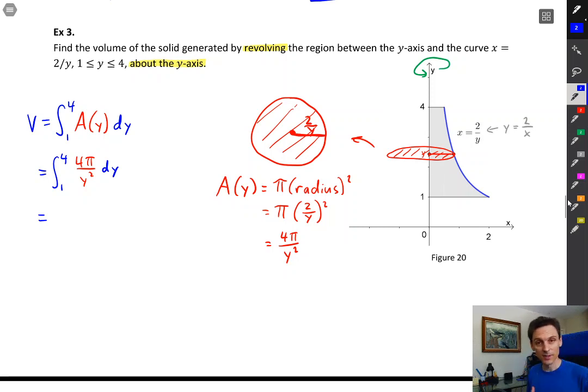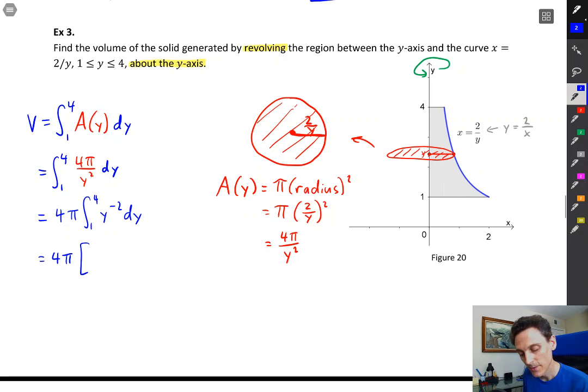And then I better find the antiderivative here. Remember, this is one of the things I wanted to bring up. Remember that if you have a y squared on the bottom, when you're finding the integrals, you can rewrite that as y to the negative 2, right? So bring the bottom of your fraction up to the top, just so that you can use that reverse power rule of adding 1 to the exponent and then dividing by that new exponent. And here I've taken the 4 pi constant out of the integral, out in front, just to set it aside.